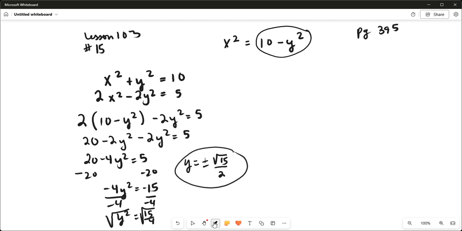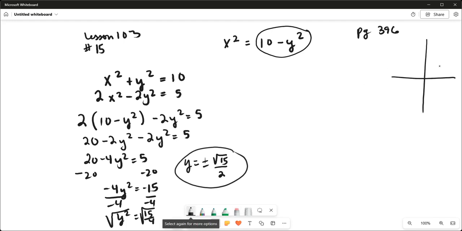There's going to be more than one place that this hits the graph, and therefore there's more than one answer. So the graph is going to look like that. If you were graphing it, there should be 4 answers.